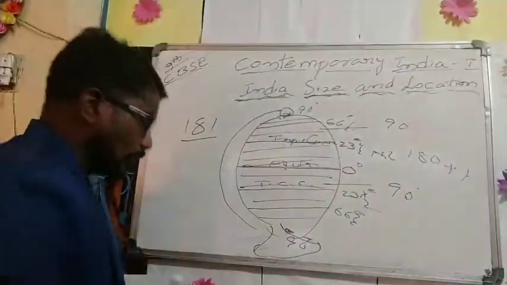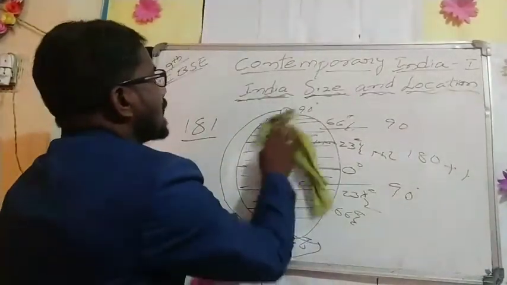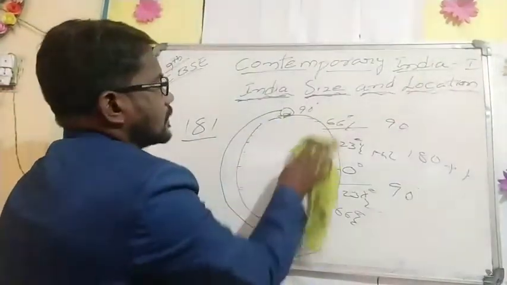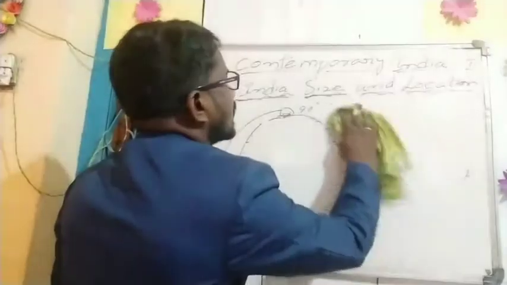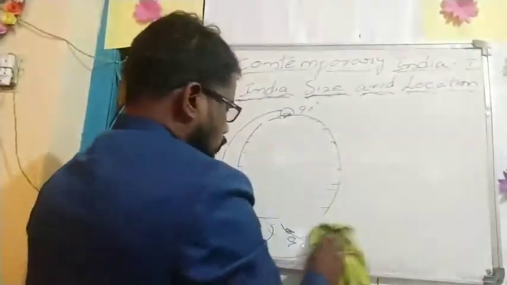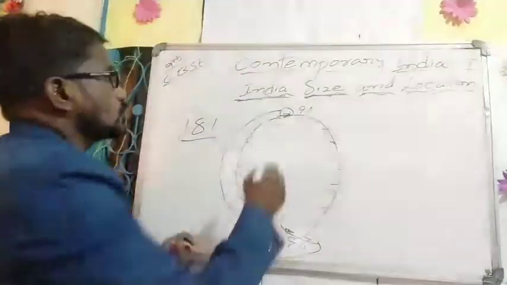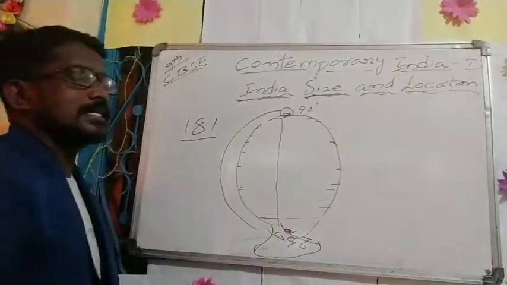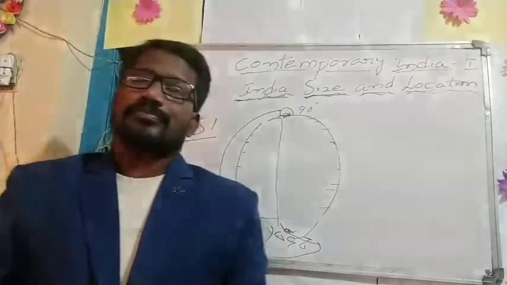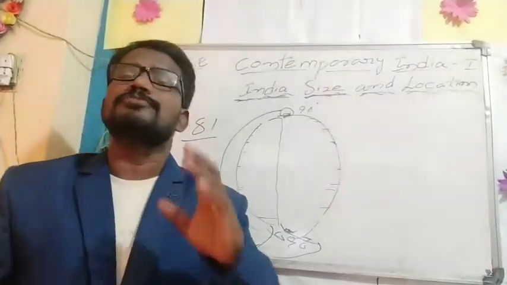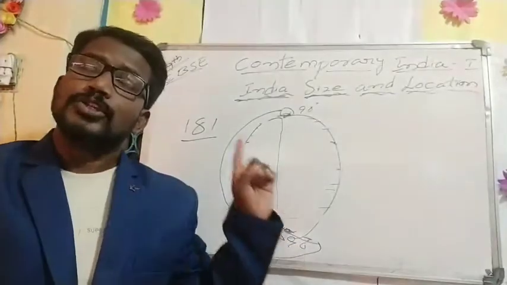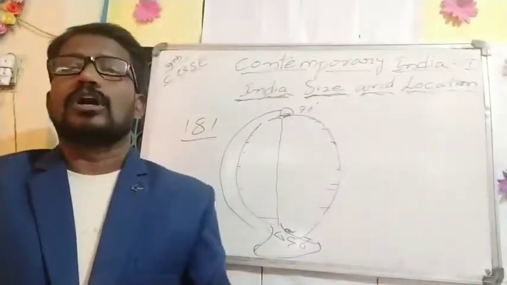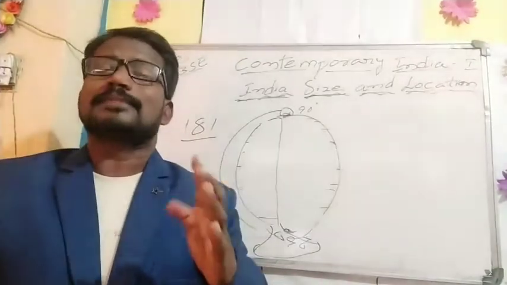Next we are going to learn about the longitudes. Like the equator, one longitude is the 0 degree longitude, which is called the GMT, Greenwich Mean Time, or the Greenwich line, because the 0 degree longitude passes through England, near a river called the Thames.